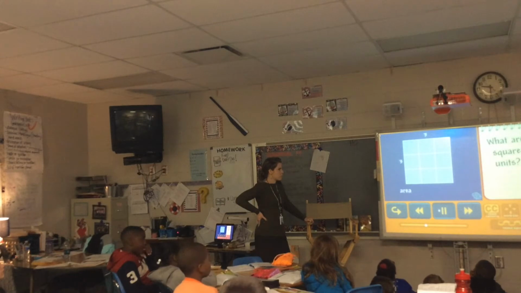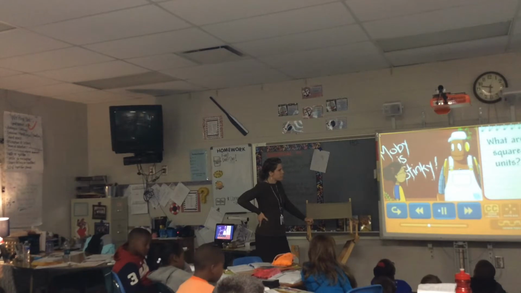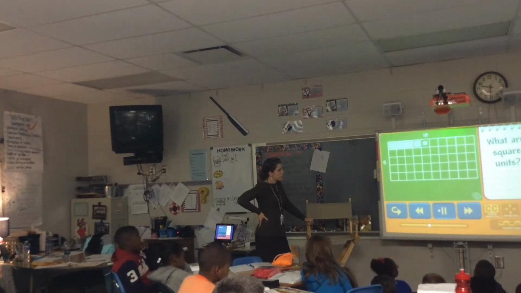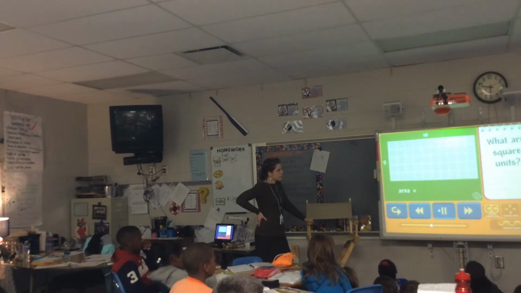So the area of this shape is equal to 9 square units. Great, Moby. We can describe an area in square units. This rectangle is 10 squares wide and 5 squares tall. It has an area of 50 square units.